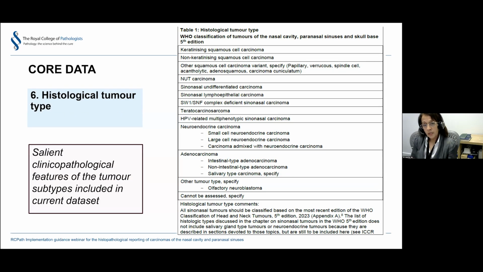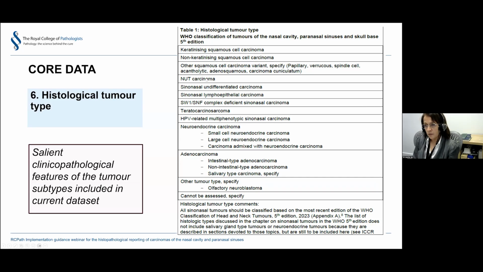One of the really important data items in the sinonasal cancers is the tumor type. So this is a table of the WHO 5th edition, which gives all the new tumor types. We do have quite a few new ones. So in addition to the conventional keratinizing SCC, we have the non-keratinizing SCC, which was always there in the previous data set.